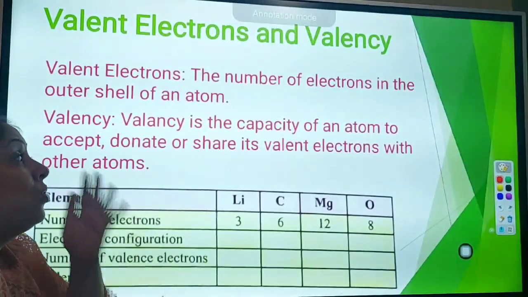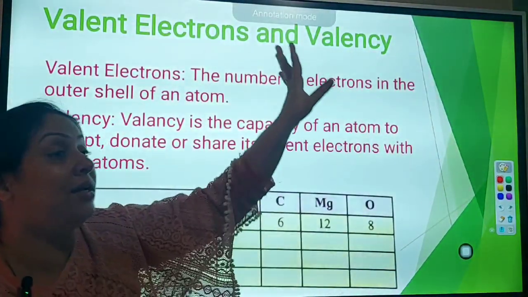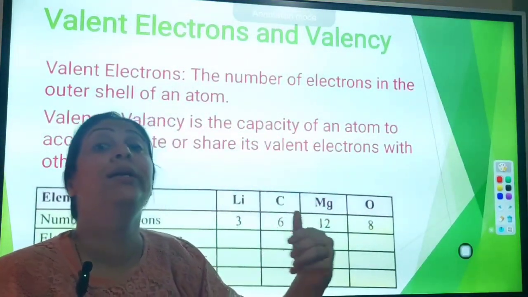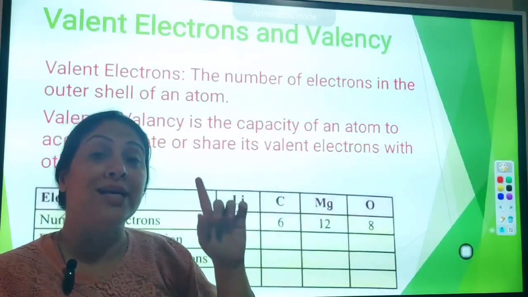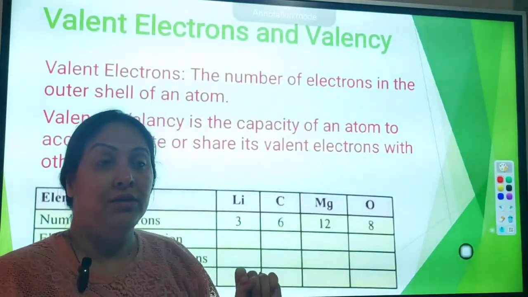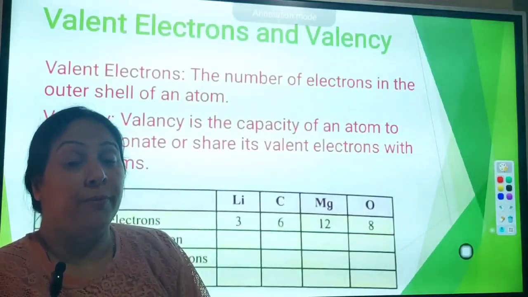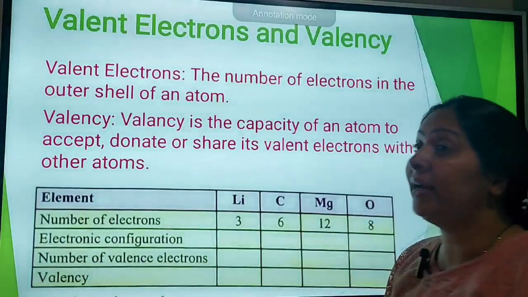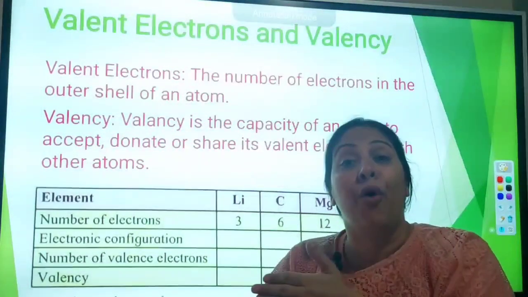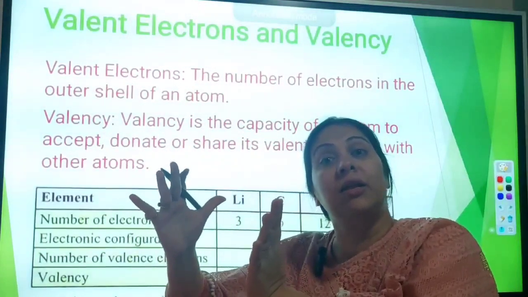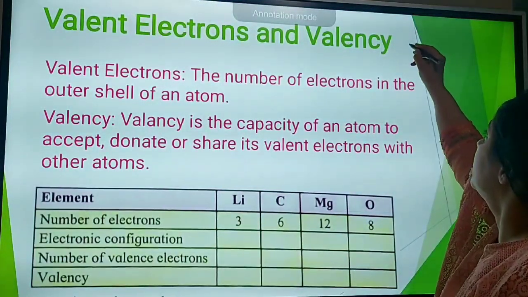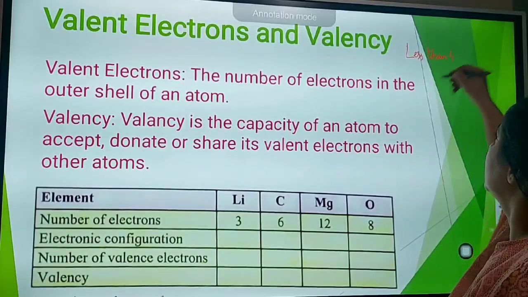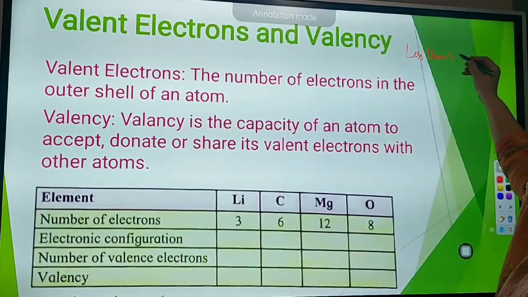It has to make 8. If giving away one makes the previous orbit 8, it will give away, it will donate. So it has the ability to donate if it is less than 4. If any atom has less than 4 electrons in the outermost shell, what will it do?